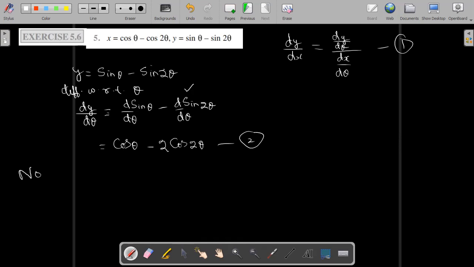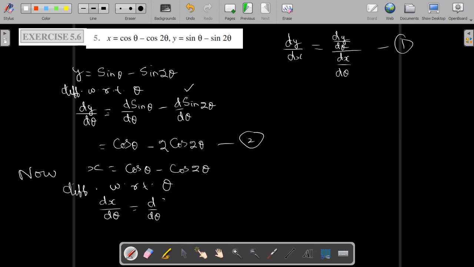And now you take x is equal to cos theta minus cos 2 theta, and again differentiate with respect to theta. So dx by d theta is equal to d by d theta of cos theta minus d by d theta of cos 2 theta.